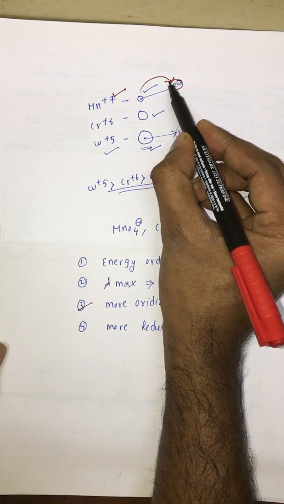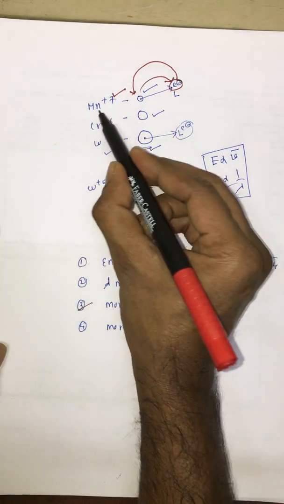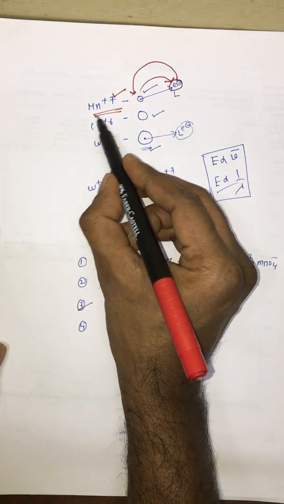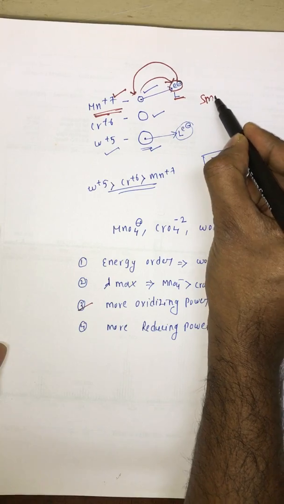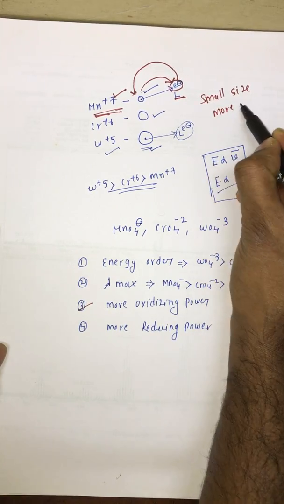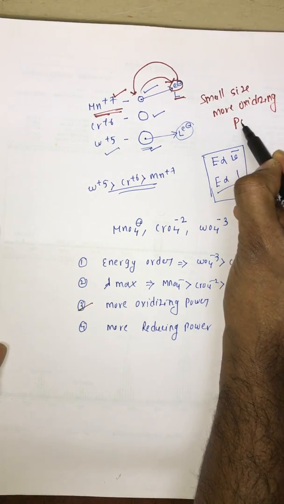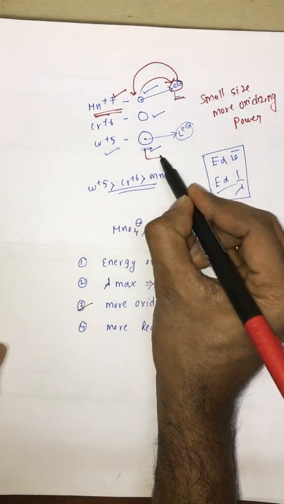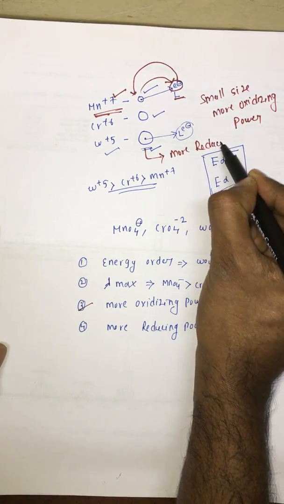After attracting, the electron comes from the ligand to the metal, so the metal is oxidizing the ligand. That means the smaller the size, the more oxidizing power, and the bigger the size, the more reducing power.